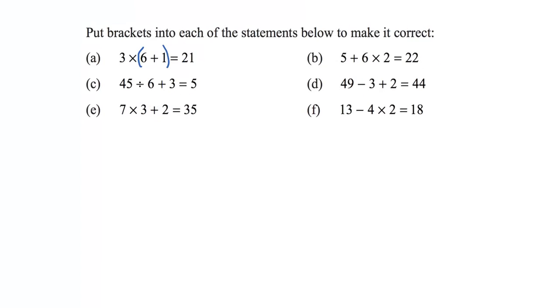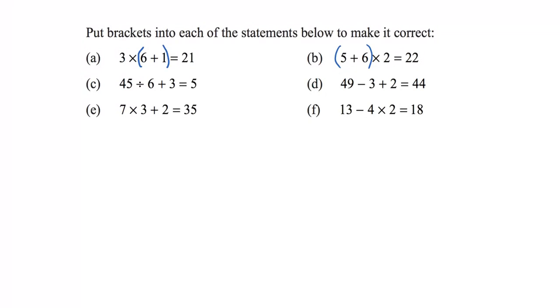Right, moving on, let's see if we can figure out B. It's going to be similar. We've got 5 plus 6 times 2. Now, usually we would do the 6 times 2 first to get 12, and then 12 plus 5 is 17. So that's not right, but I can spot that 5 plus 6 makes 11, and then 11 times 2 is 22. So in part B, we'll need to put the brackets around there.